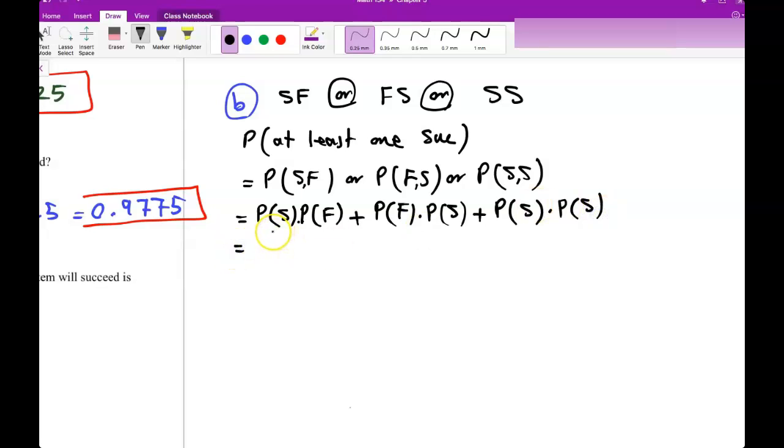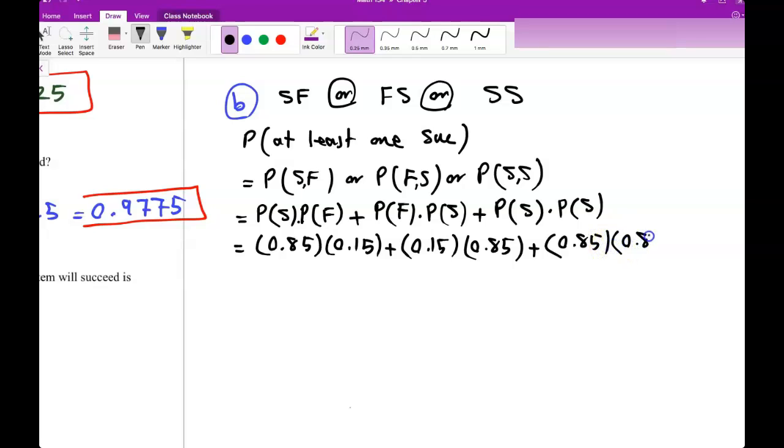That is equal to the probability of success, which was given as 0.85, and fail is 0.15, plus here fail is 0.15 and 0.85, plus 0.85 multiplied by 0.85.